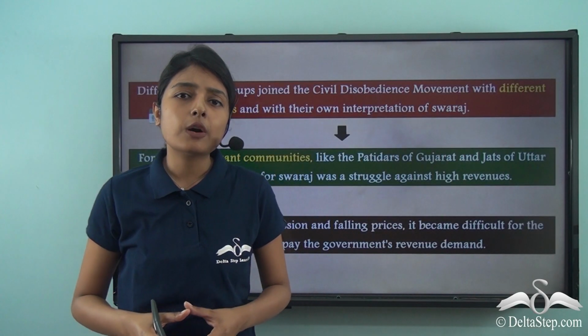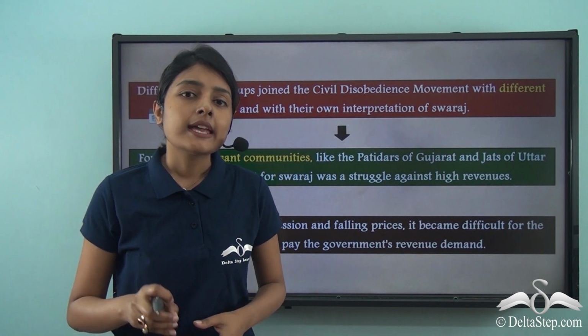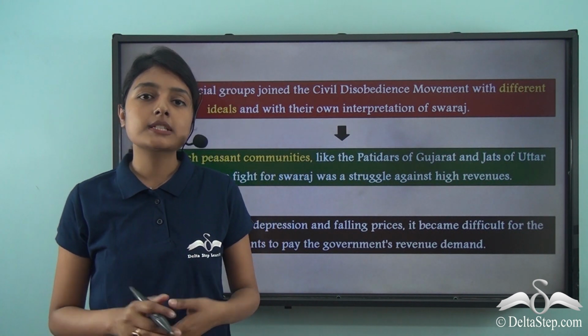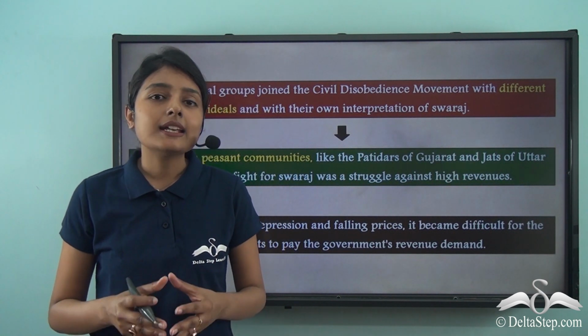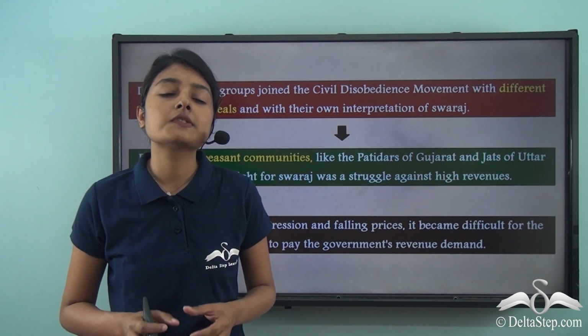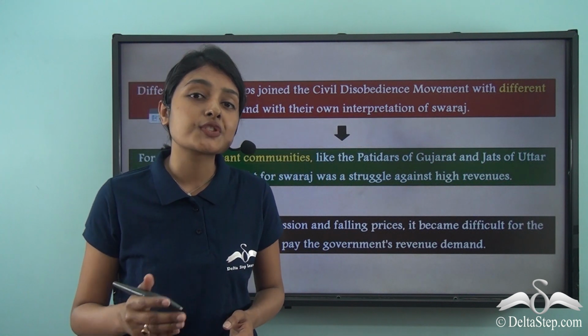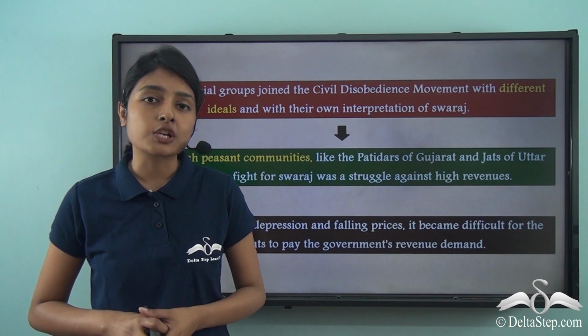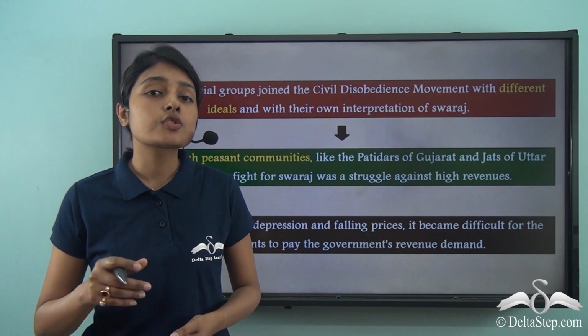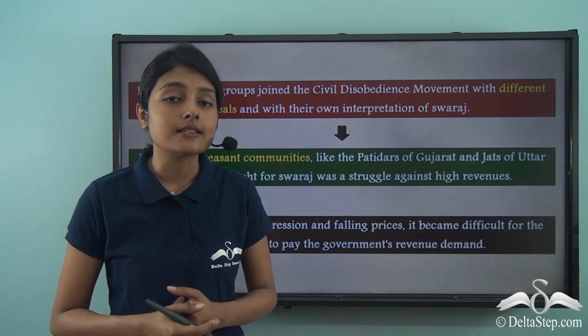Now, having talked about the mass participation in the civil disobedience movement, here we will be taking up a new line of discussion. In our lesson on the non-cooperation movement, we saw how different sections of the society interpreted the Gandhian ideal of non-cooperation in their own ways to suit their immediate needs.